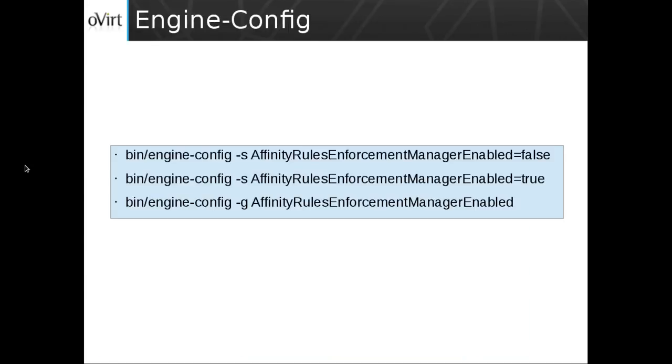So I want to show you a demonstration of AREM in action, but before I do that, I'm going to talk about how you enable and disable AREM and how you know if it works.